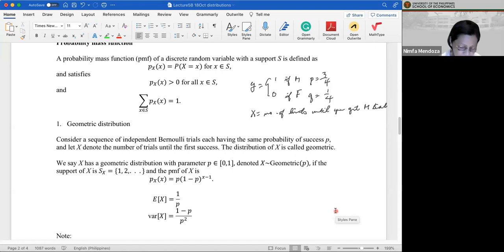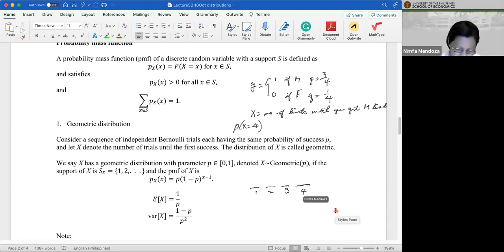So what is the probability that X is equal to, say, 4? That you get a male bird on the fourth bird. That means that you have a sequence of 4 birds: bird 1, bird 2, bird 3, bird 4.